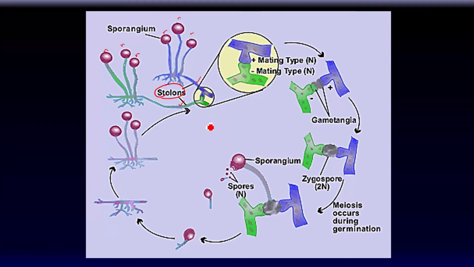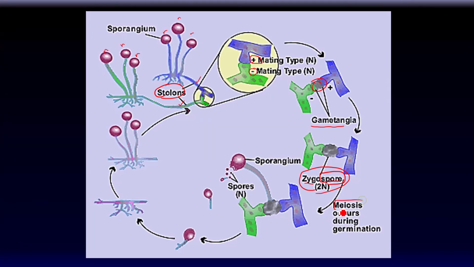But here, the blue nuclei and the green nuclei come together, and they're called positive and negative mating types. They form a little cell called a gametangium, and the cells fuse to produce a 2N zygote, or zygospore.